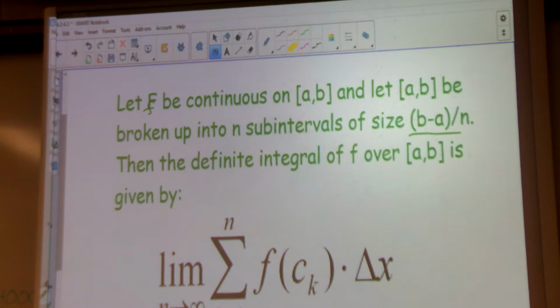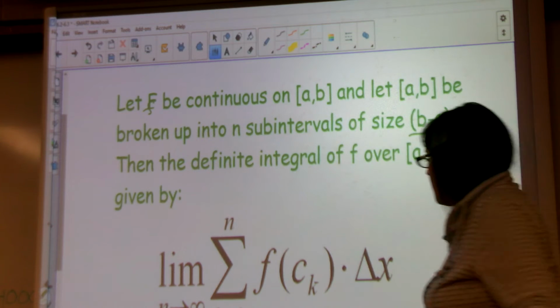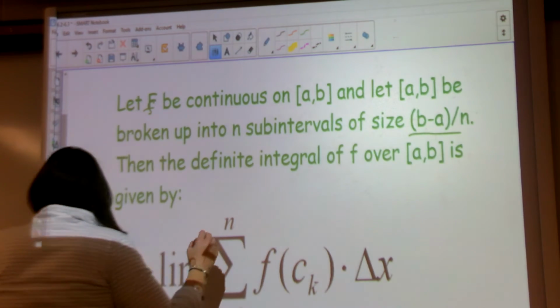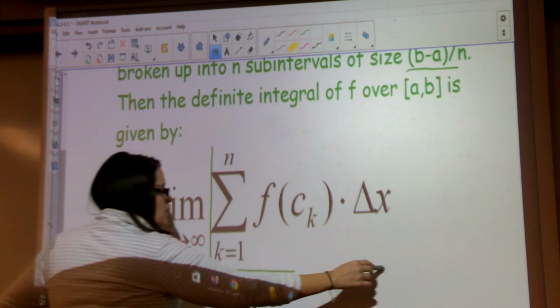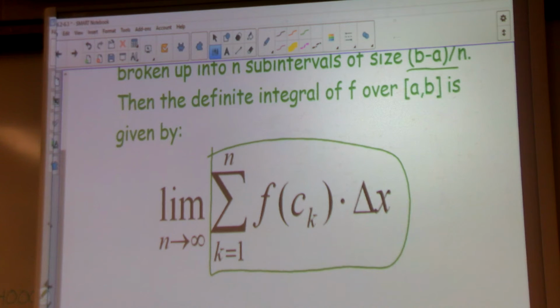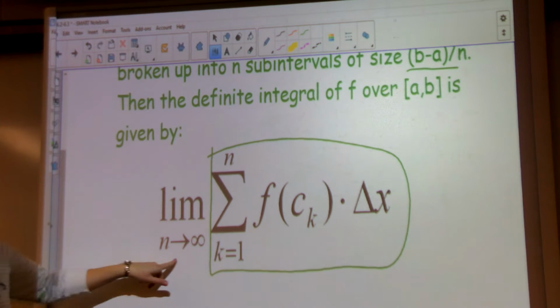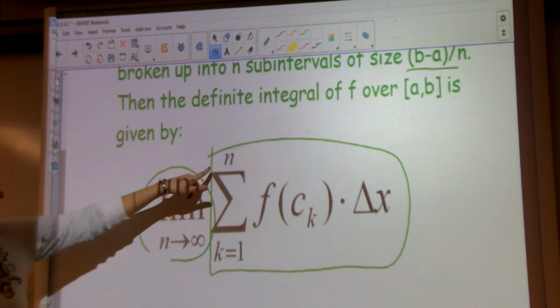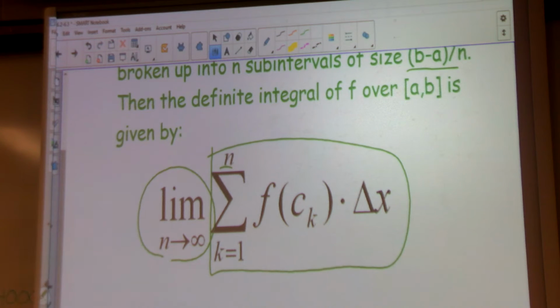We could make them all generic. It doesn't matter. But this is the exact same thing we just had. We noted that this was adding up all the rectangles, correct? What does this do when I take the limit as n goes to infinity? What is that saying in regular terms? What's that doing to my picture?